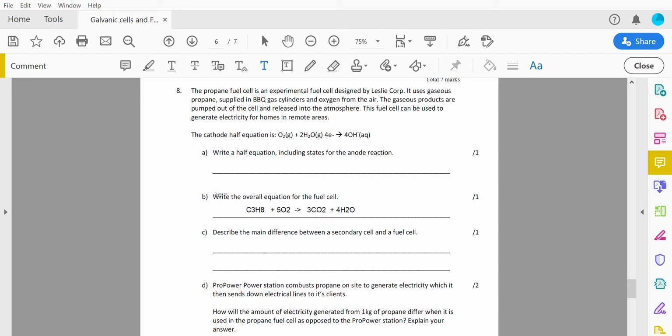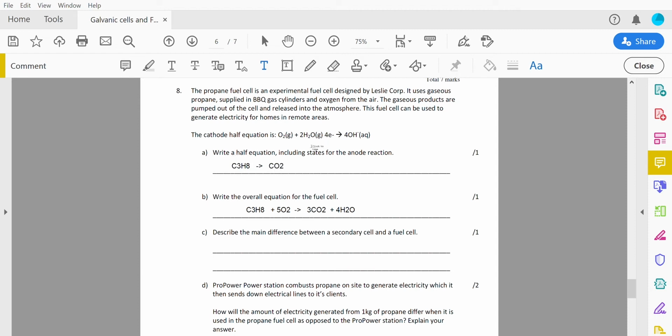This is my overall equation for the fuel cell, and that leads me to write a half equation for the anode reaction with my propane. So again, I have C3H8, and I know it's going to produce, for sure, CO2, because where else is that carbon coming from? Again, I'm not putting my states in.